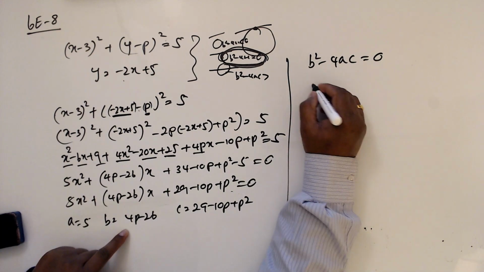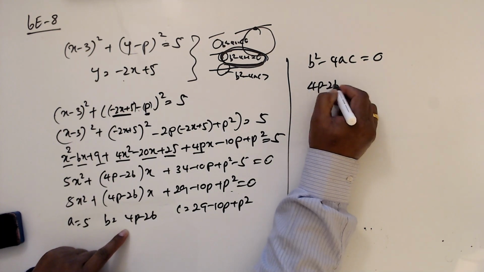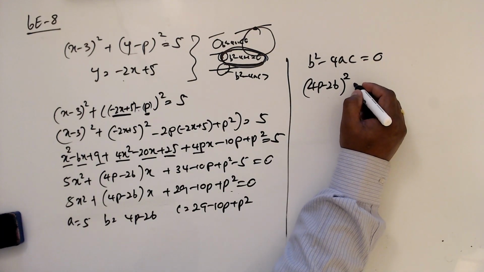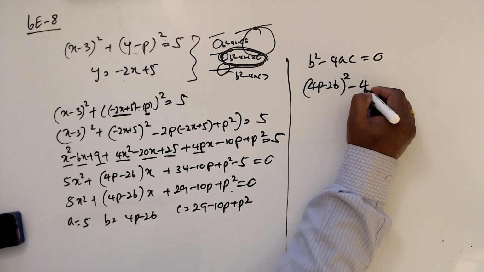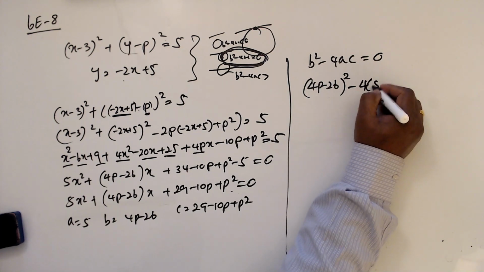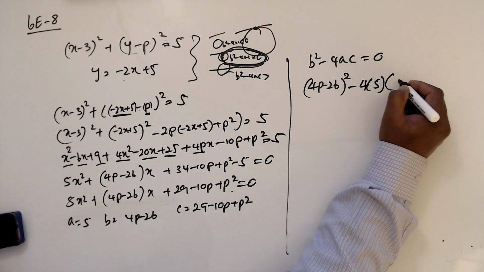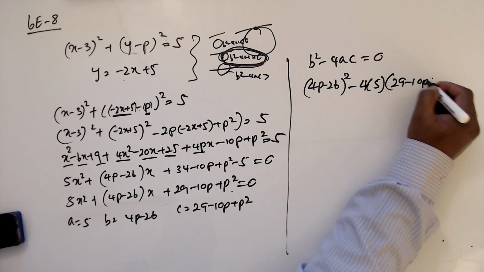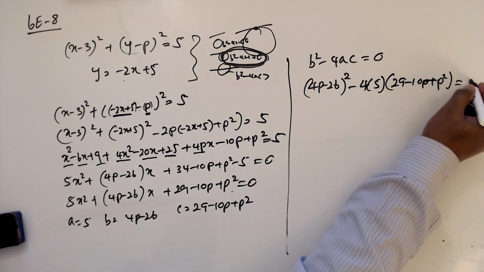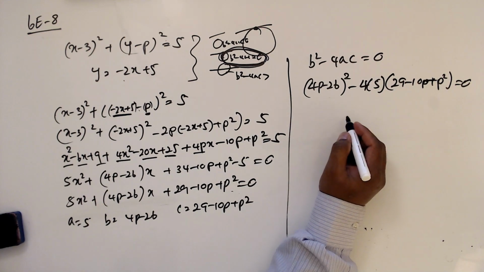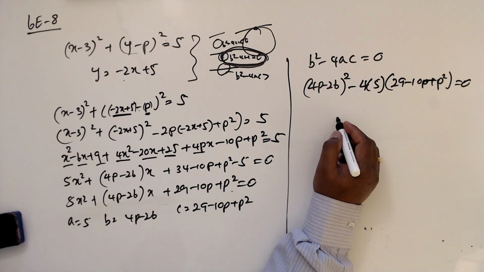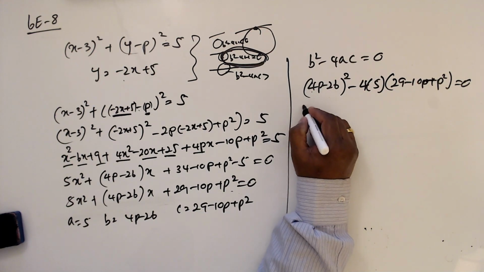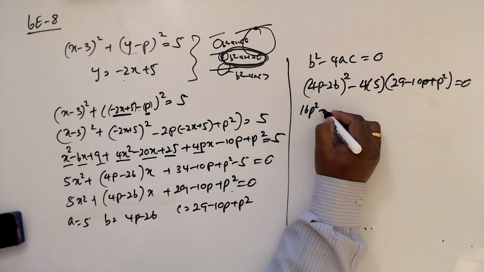B means (4p - 26)² minus 4 times 5 times C, which is 29 - 10p + p², equals 0. Now we'll expand this one. 4p squared is 16p².